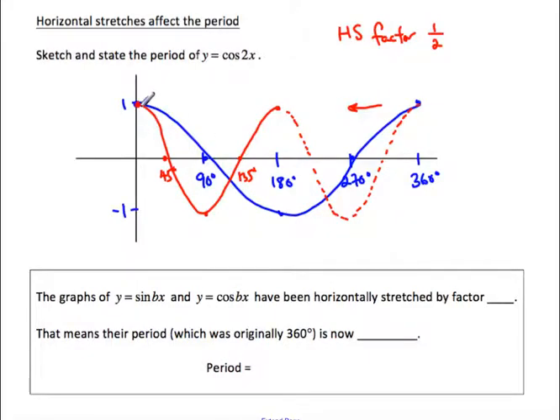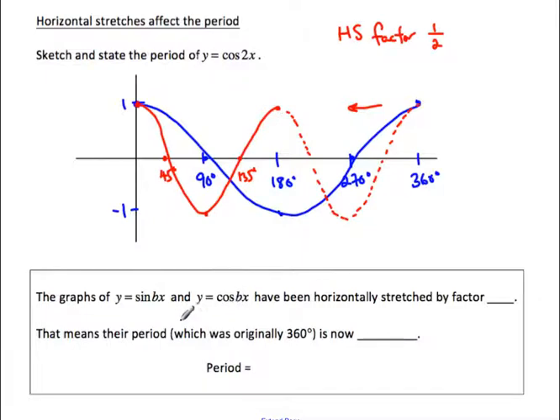Well, remember, period means how far or how long does it take for the graph to repeat once, and we see that this is one cycle, then we start a second cycle. It takes 180 degrees to get through one complete cycle and start on the second. So we've gone from a period of 360 degrees in the original blue parent function to a period of 180 degrees in the transformed red function.